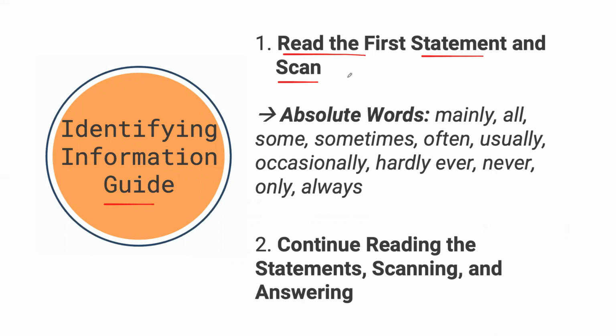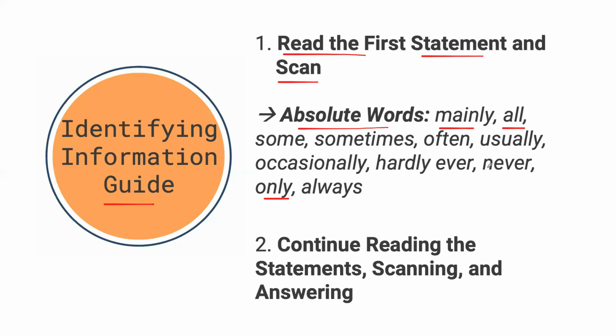Now, when we read our statements, I want you to look out for absolute words or absolute terms. These are usually adverbs of frequency or other words such as mainly, all, only, and then of course we have our adverbs of frequency that describe how often something is done. These are tricky words because they can completely change a statement.